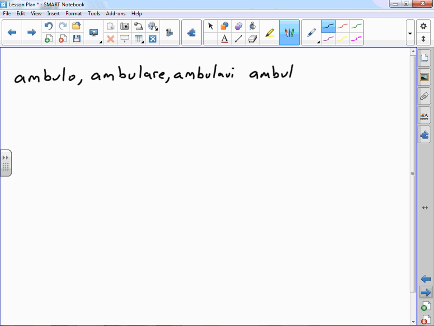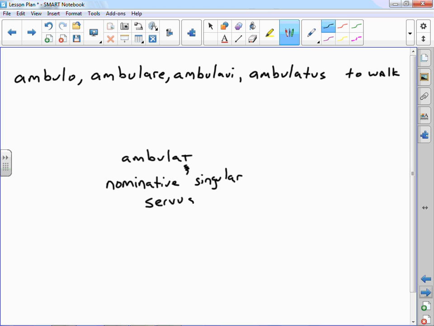Okay, if I have ambulat, it is third person, it is singular, so that one needs a nominative singular noun. So I could use stuff like servus, that US says that I am a nominative singular noun. I could use puella. The A says I'm a singular nominative noun. I could use Uranus. There is no ending here. This is a third declension, but it is singular and nominative.